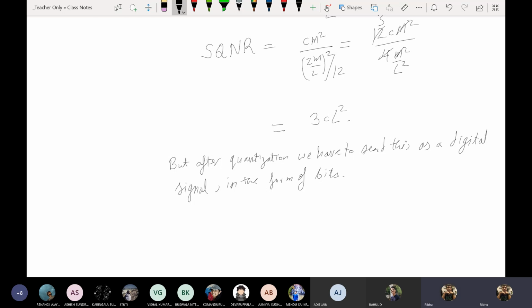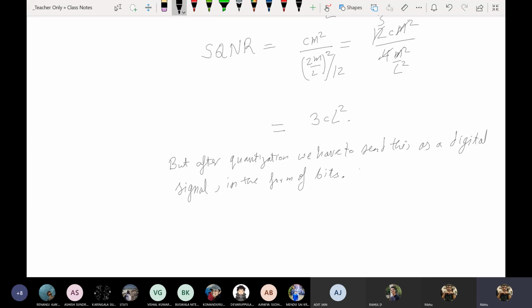We have to send everything in the form of bits at the end of the day, zeros or ones. Agreed? A digital medium, a digital logic cannot take these quantization levels.